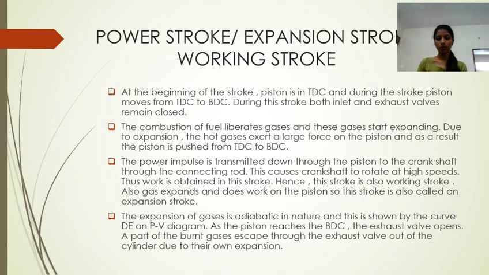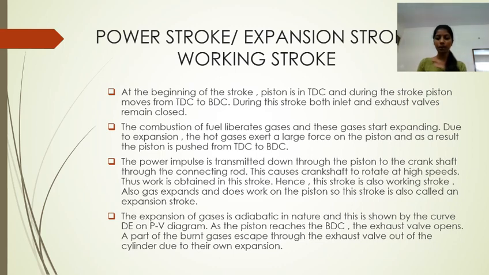Thus, work is obtained in this stroke. Hence, this stroke is also called the working stroke. Also, the gas expands and does work on the piston, so this stroke is called the expansion stroke. The expansion of gases is adiabatic in nature, and this is shown by the curve DE on the PV diagram.